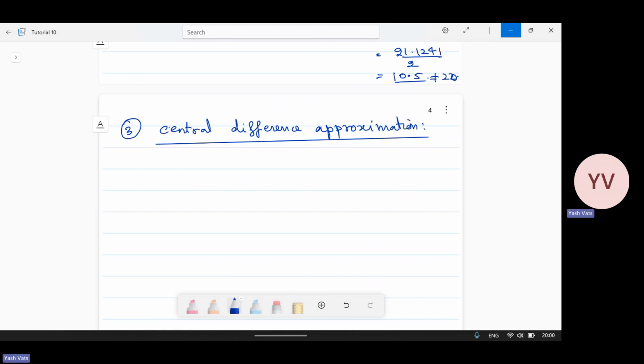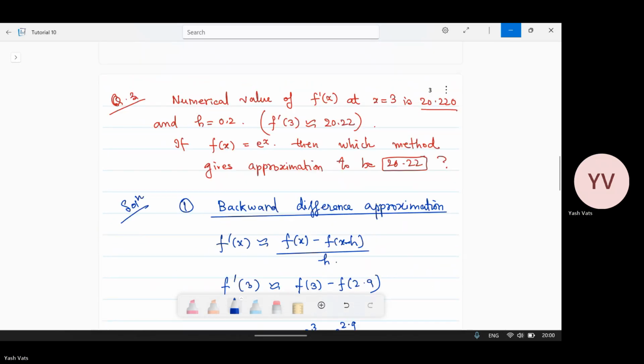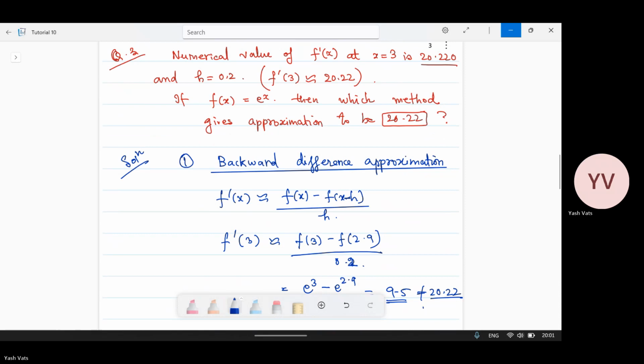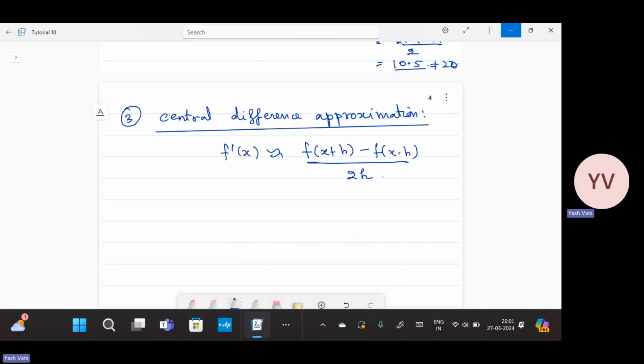So f dash x is approximated by f of x plus h minus f of x minus h over 2h.